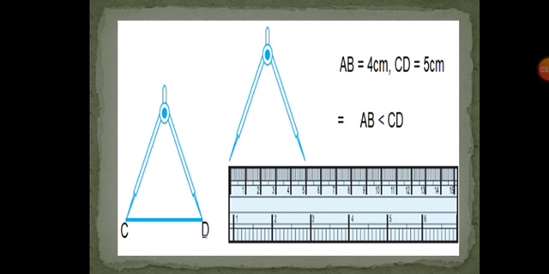As here we can observe that the length of line segment CD is 5 cm. As 4 cm is less than 5 cm, we can say here line segment AB is smaller than line segment CD. So these are the ways to compare two line segments.